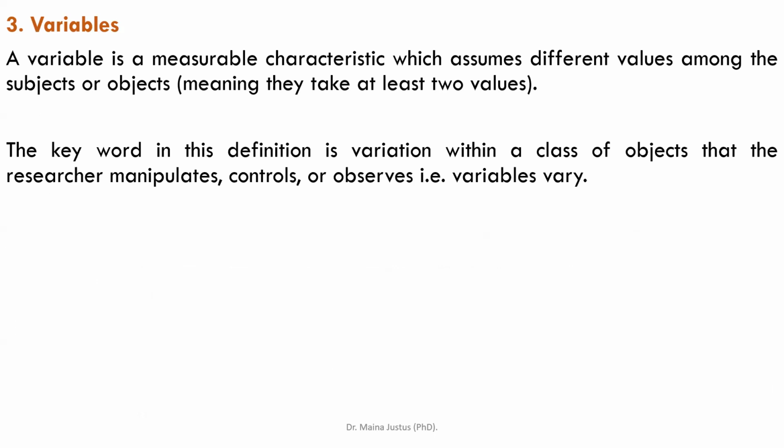And it has to be among individuals or objects. If it does not change, it is not a variable. So therefore, a variable should vary. If it does not change, then that is not a variable. And the key word there is variation.